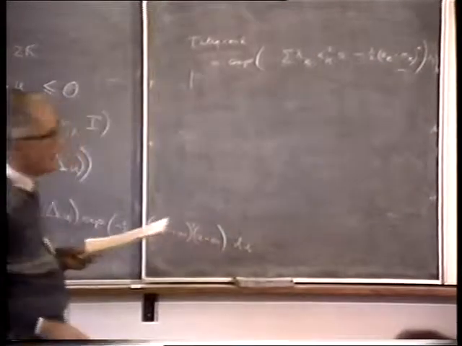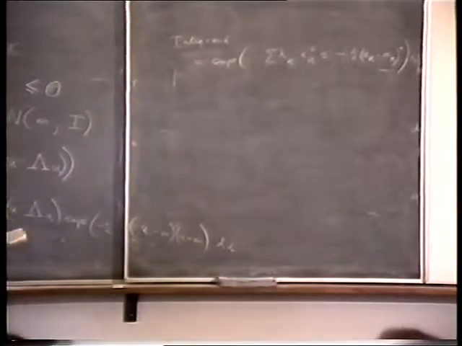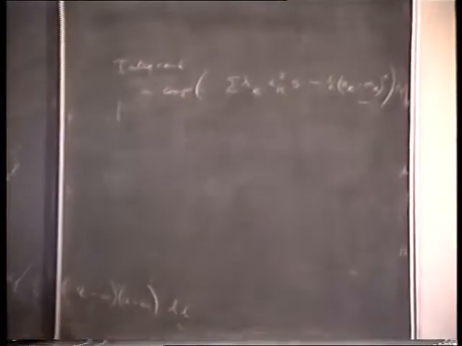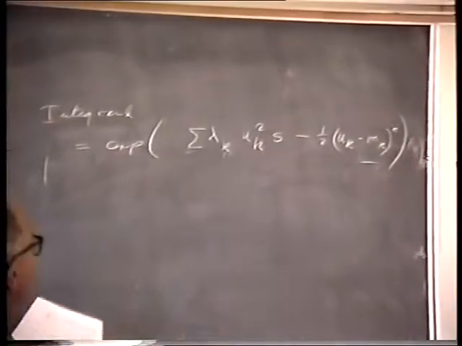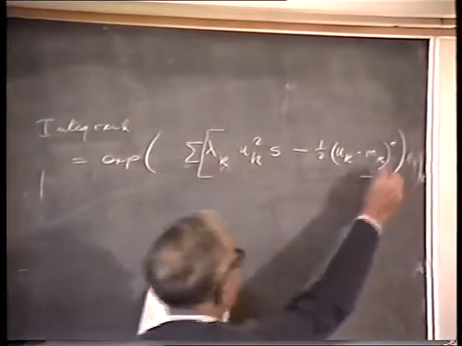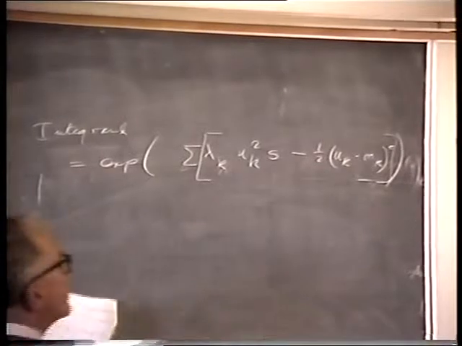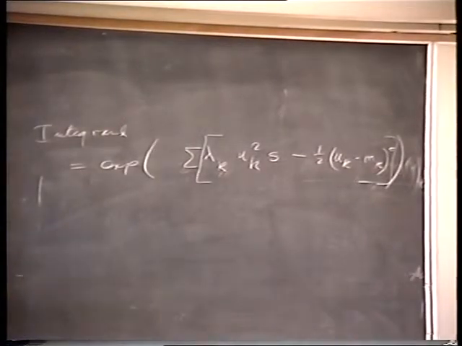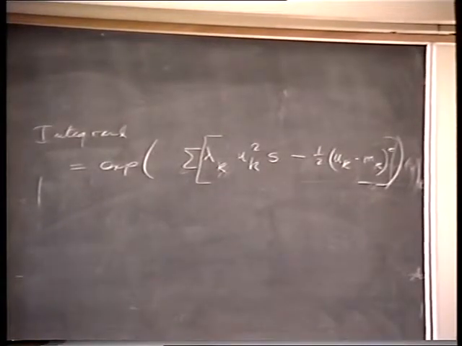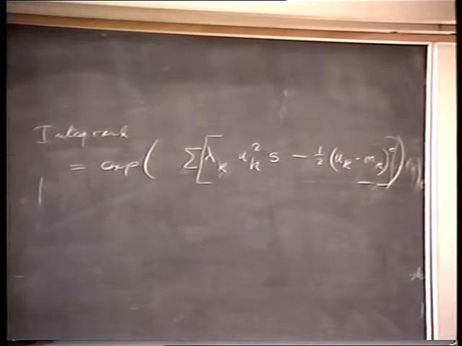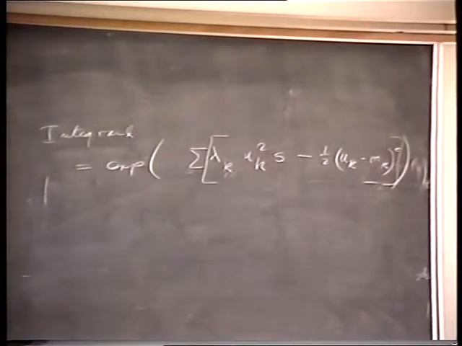You see, the great advantage of transforming to canonical form is that now we've got it broken up into independent terms. Each of these exponentials is independent of each other, and so we can integrate each separately.